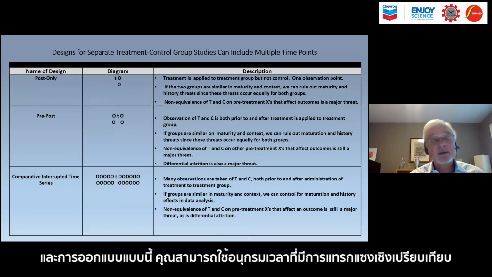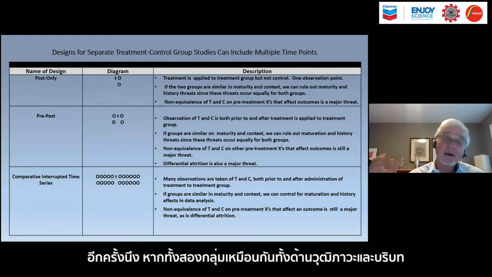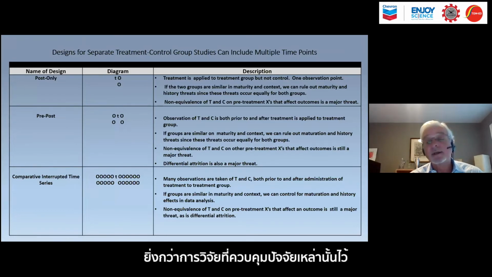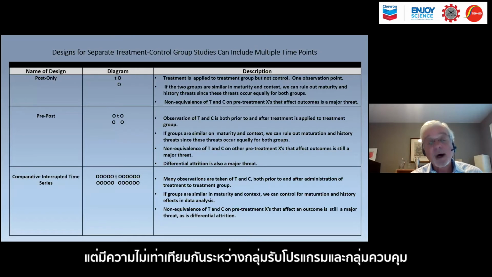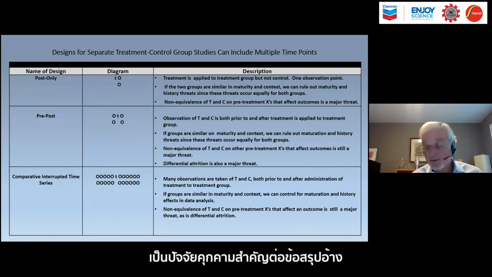And then we can do a comparative interrupted time series in which we are taking time series data on both treated and control units. And again, if they're similar in maturity and context, then we're sort of controlling for those factors. But non-equivalence of treatment and control on these pre-treatment covariates is the major threat to inference.